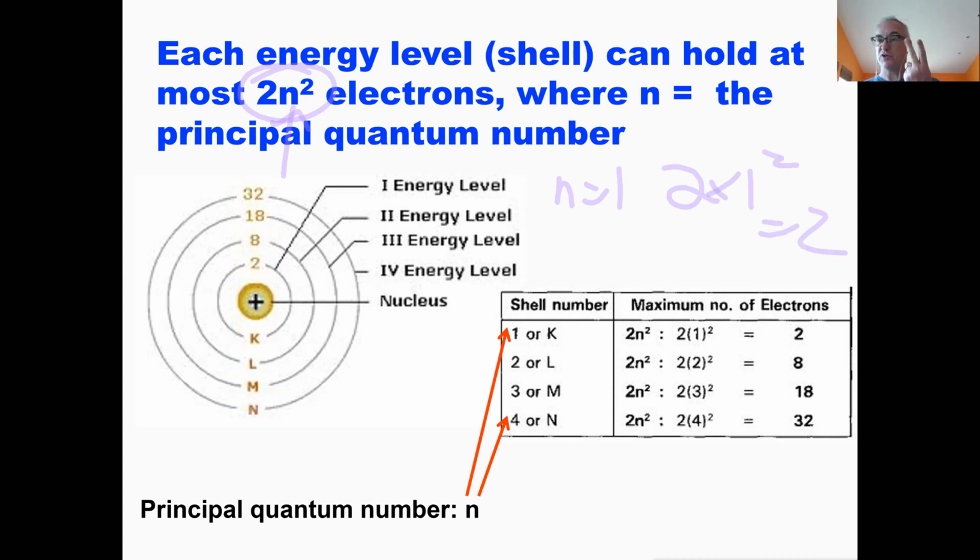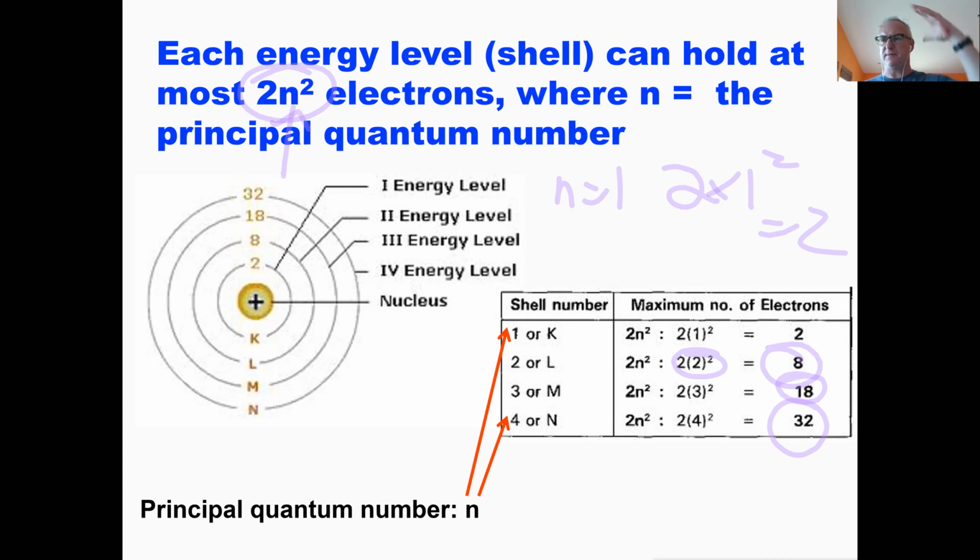So there's only room for 2 electrons. If we're in the second shell, then we square that 2, multiply it by 2, and there's room for 8. When we get to the third level, now 3, we square that, multiply that by 2, and we get 18. And then 4, square 4, multiply that by 2, we get 32.